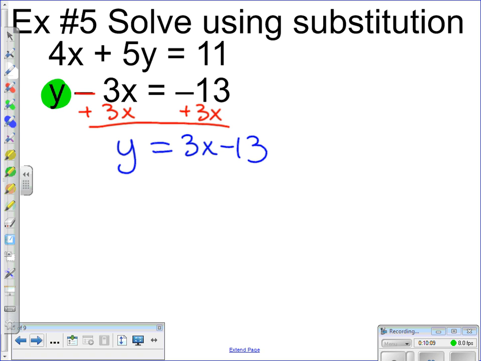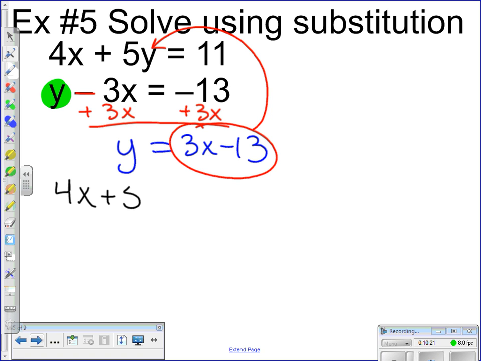Now that's the part that you take, the 3x minus 13, and you plug it in for y. It goes directly behind the 5. So the 4x plus 5 is still there, equals 11, but instead of a y, I'm going to put a 3x minus 13. So if you think you can finish it, you should pause now.